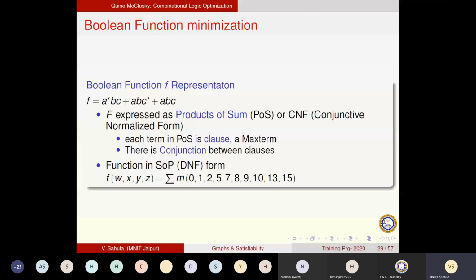One pair of rows. So what lies in a row? In one row, there will be minterms containing all the terms which have that many number of ones, right?